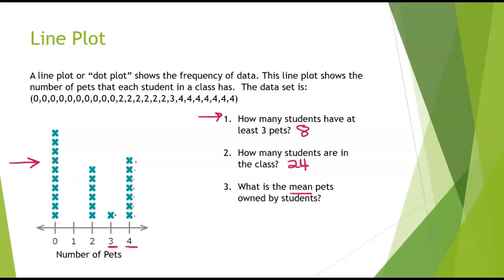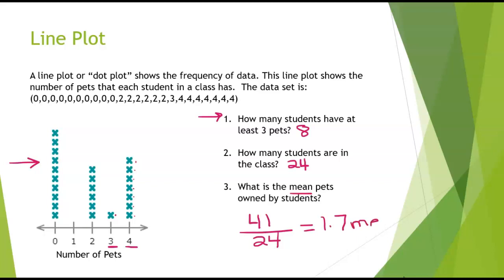When we add those all up together, you put that in your calculator, I get 41. And we know that there's 24 students in the class, so we divide that by 24, and we get 1.7 as our mean.